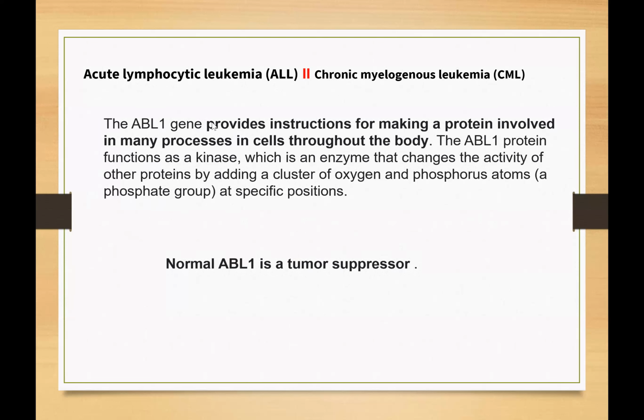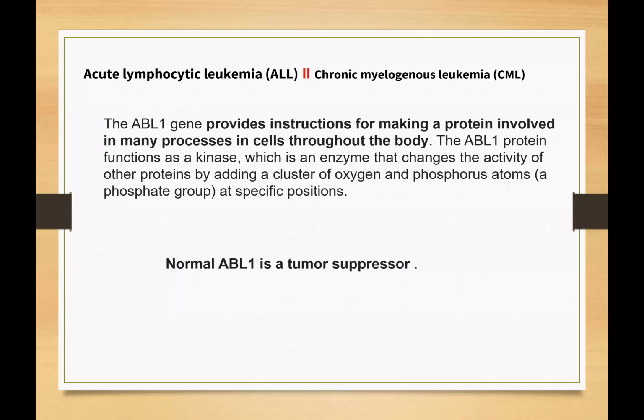So one of the members of this gene family, ABL1, is the gene which makes a protein, which is a tyrosine kinase, scientifically. It codes for a protein, tyrosine kinase, which is responsible for phosphorylation of target proteins.